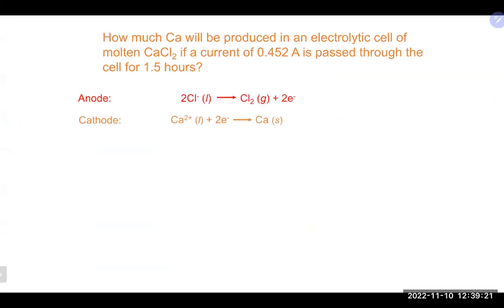So we want to know in this case how many grams of calcium would be produced in this cell if we ran it at a current of 0.45 amperage for 1.5 hours. So in this case, for calcium chloride, we're going to start with calcium chloride just to give you an idea here.